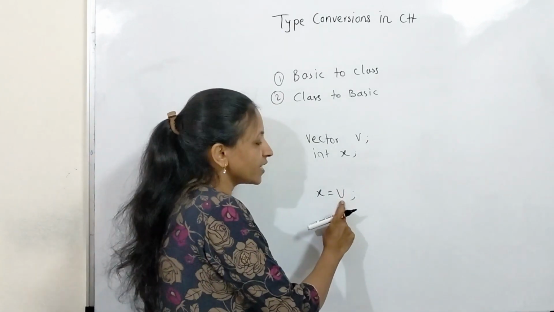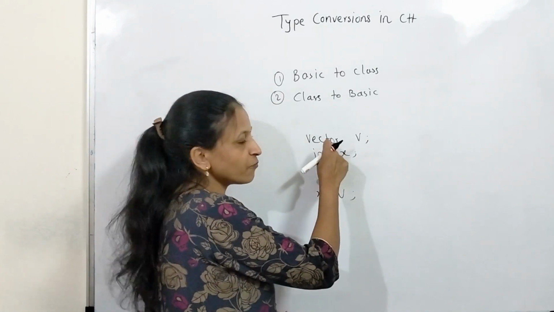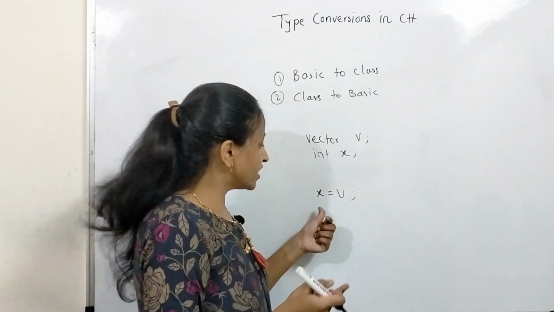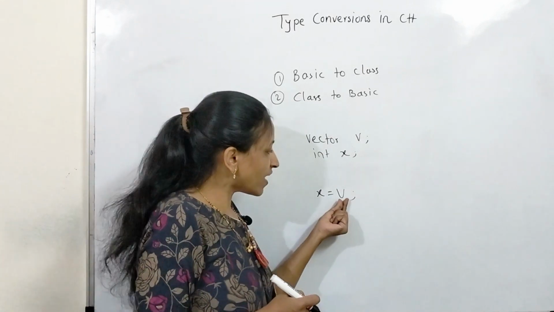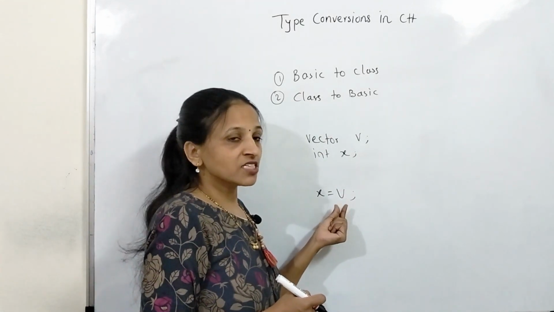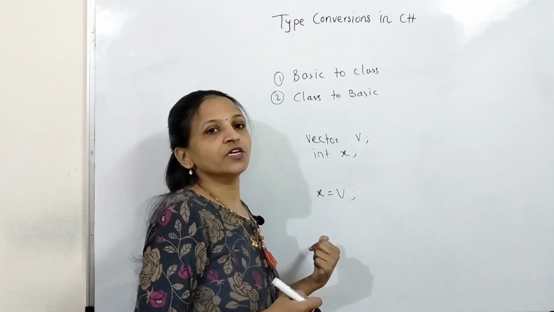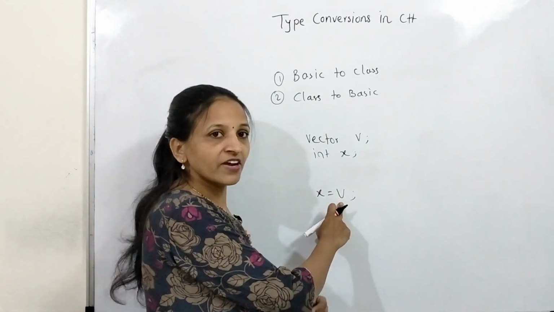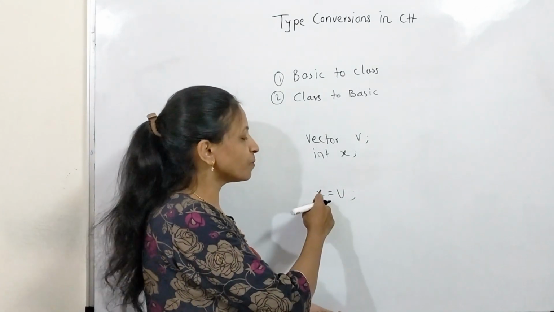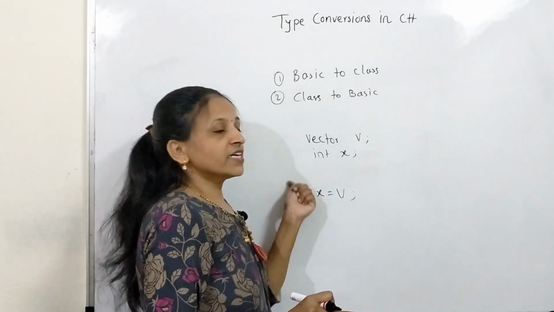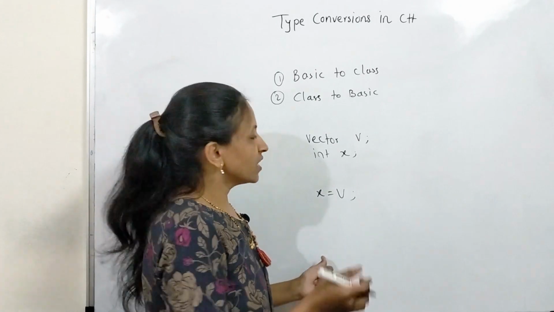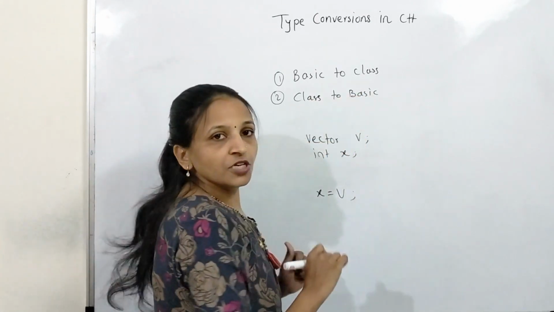Here the right hand side variable is of type vector, which should be converted to integer so that this will be executed. That's why this type of conversion is class to basic.